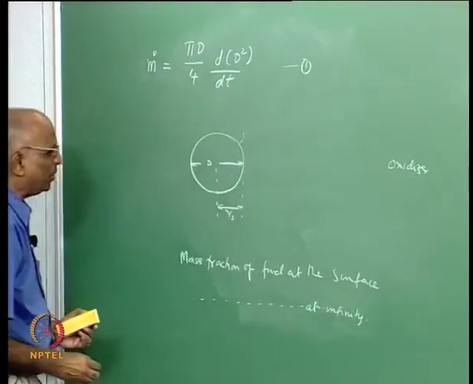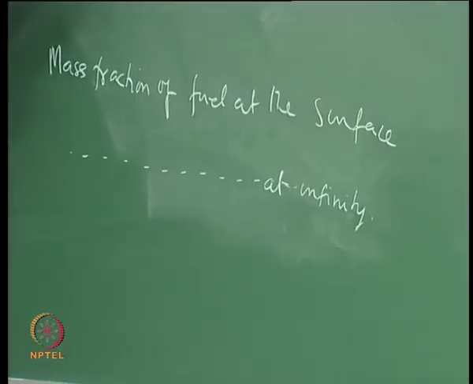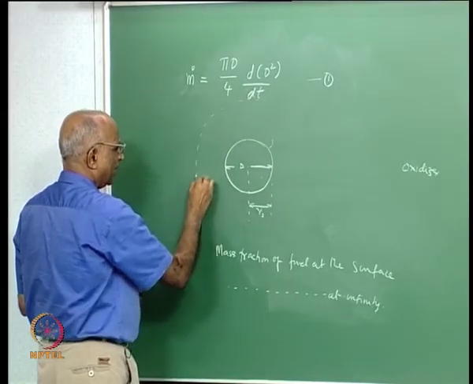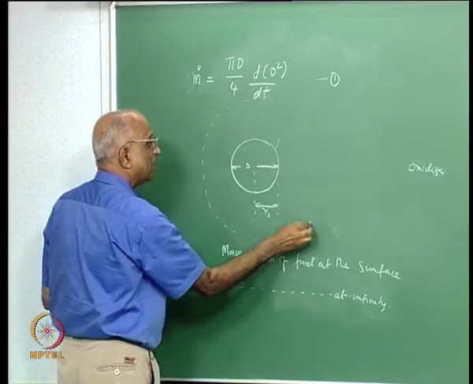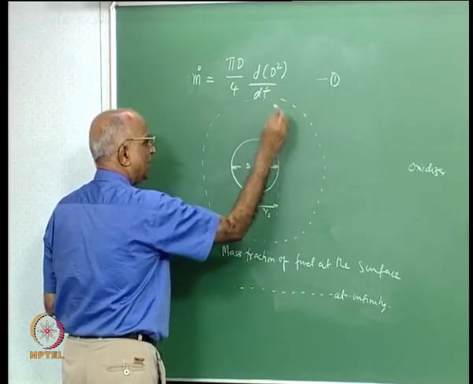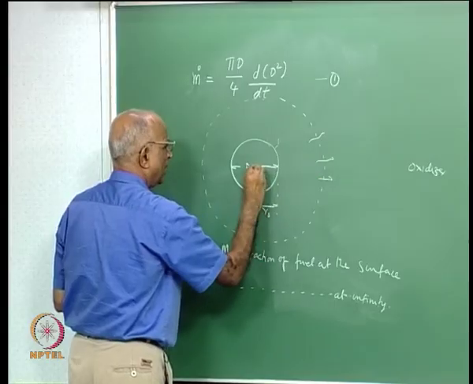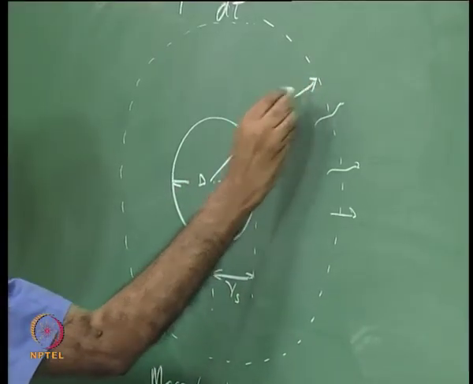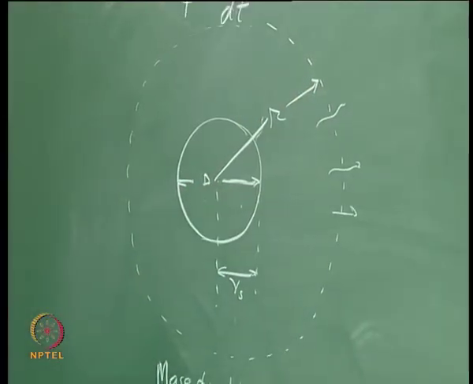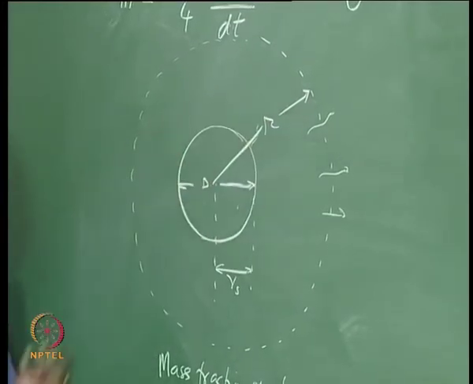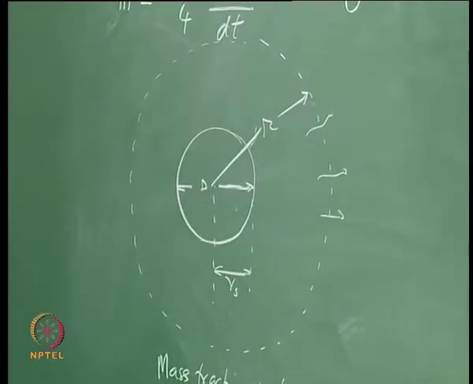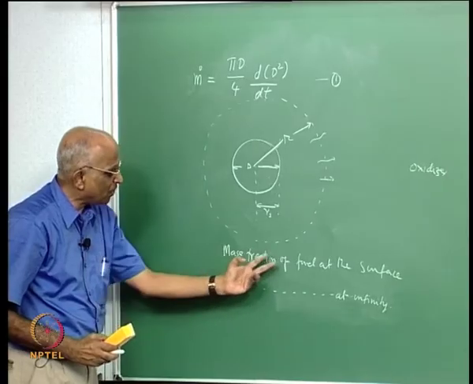These are the two things I am interested in. Let's consider the following. Let's take an area A. Let's consider that the droplet is evaporating, and as the droplet is evaporating, mass of the fuel is getting vaporized. Let us consider a radius r. Over here some diffusion is happening, something is moving out. Now, what is it I am saying? Mass fraction of the fuel at the surface.